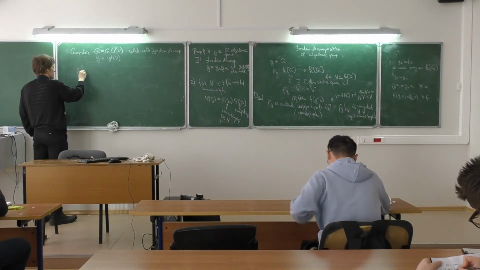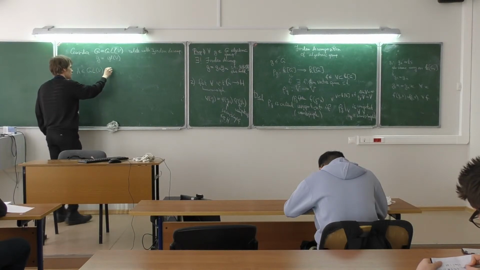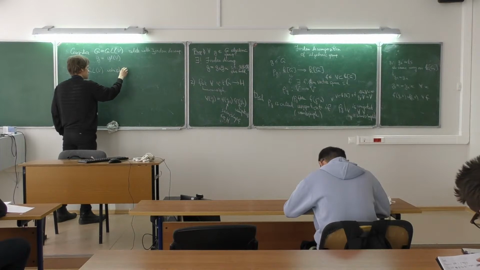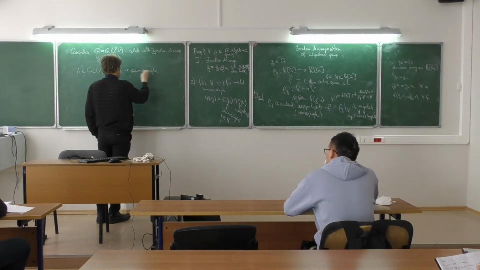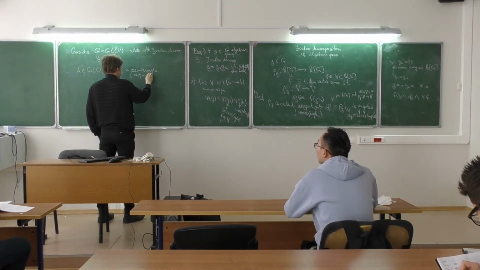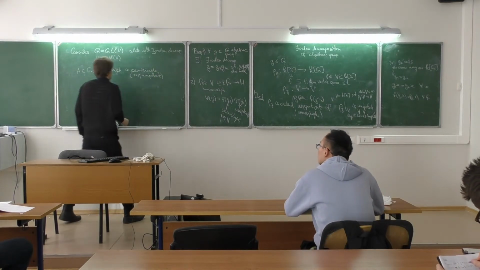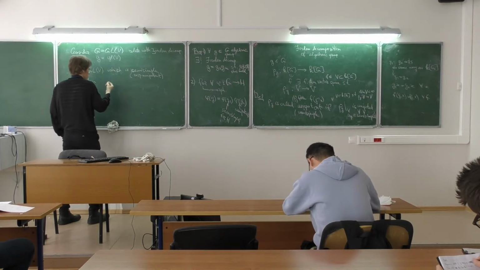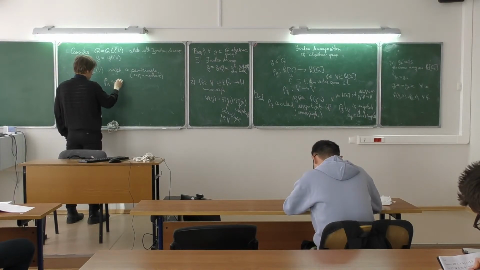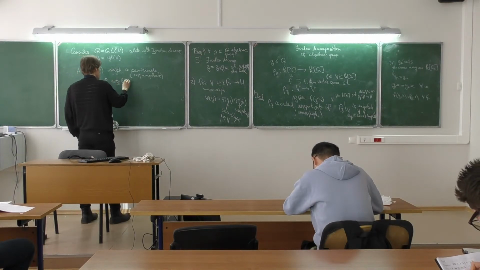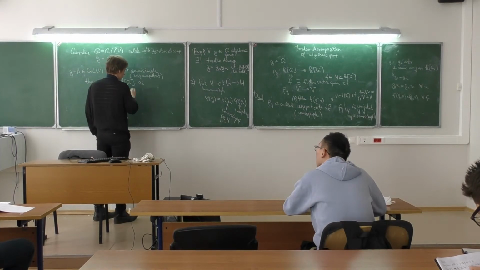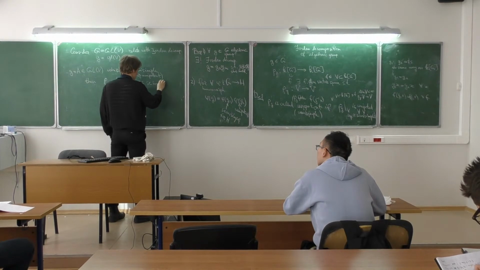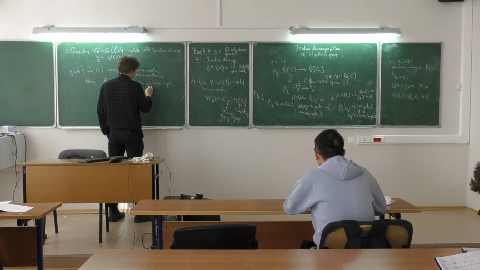If you have an element A in GLV which is semi-simple, or, respectively, unipotent, then rho of A acts on K of G as a semi-simple, respectively unipotent, operator.